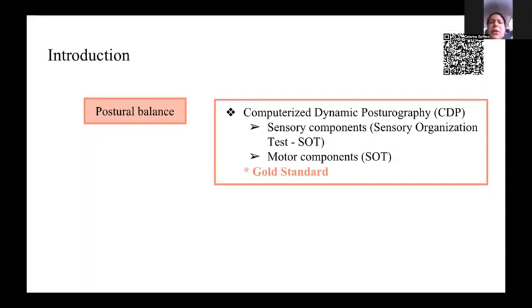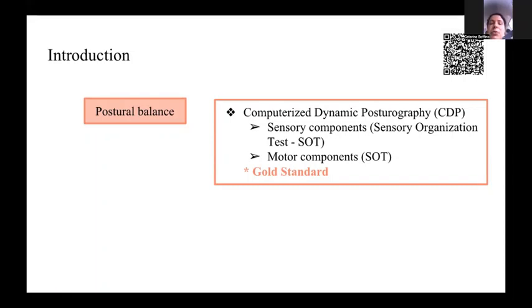This test is important because it can assess the sensory components of postural balance, using the sensory organization test, and the motor components involved in the control of the center of pressure and center of gravity of the body.